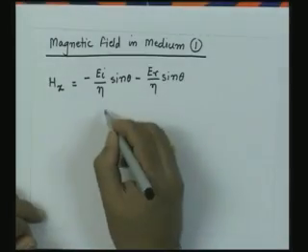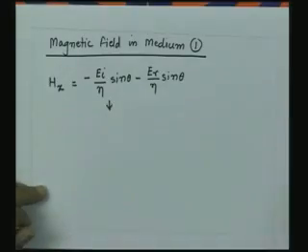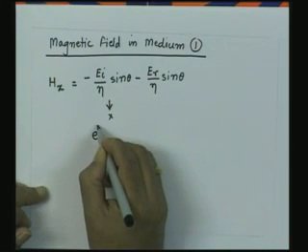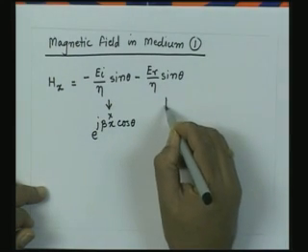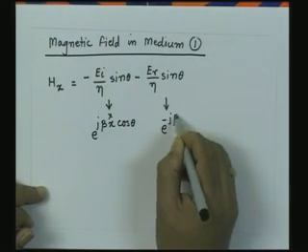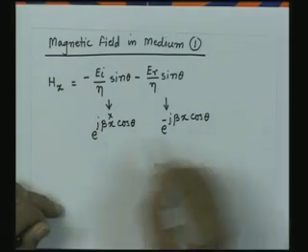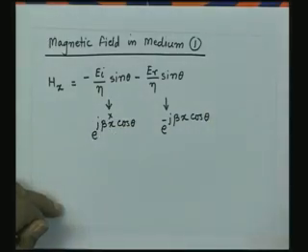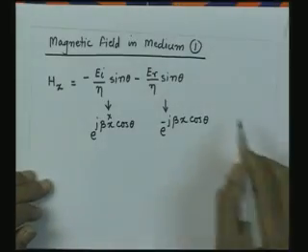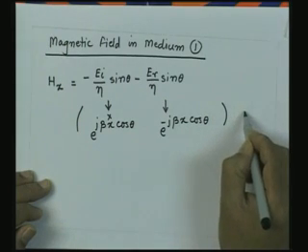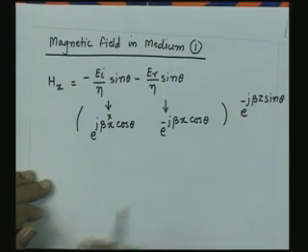So, you have to appropriately multiply this term by the phase term, e to the power j beta x cos theta, whereas this has to be multiplied by e to the power minus j beta x cos theta, and then the whole thing has to be multiplied by the travelling wave term, which is e to the power minus j beta z sin theta.